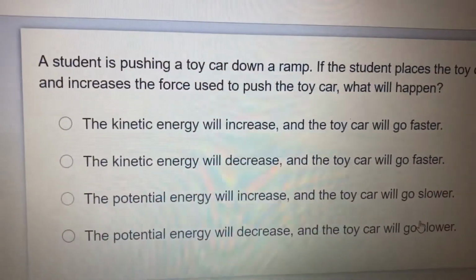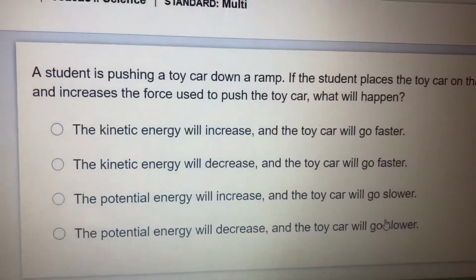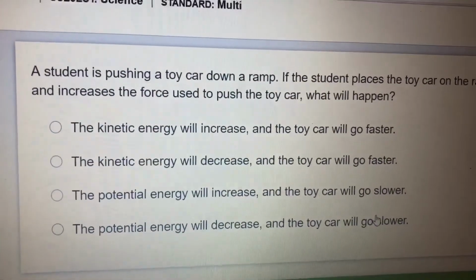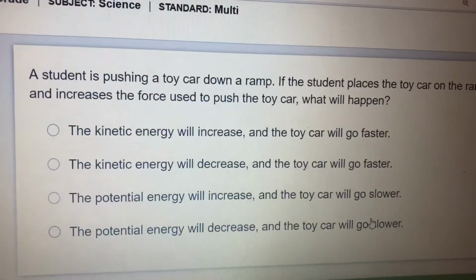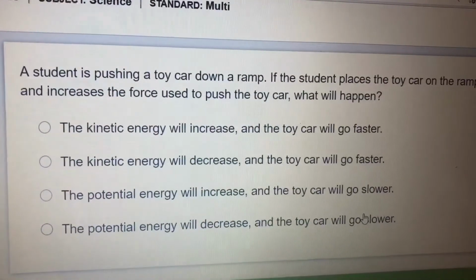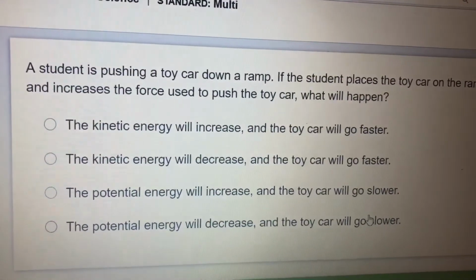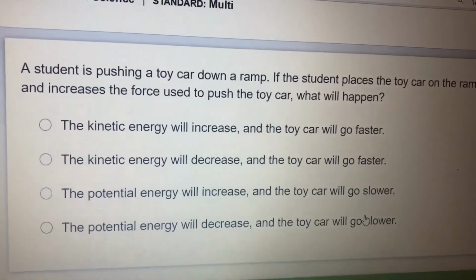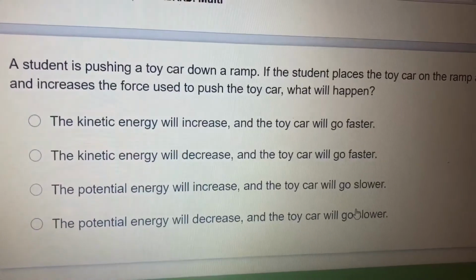So let's read now the choices that we have. The choices are: the kinetic energy will increase and the toy car will go faster. Okay, so when we push the car, the kinetic energy will increase and the toy car will go faster. The kinetic energy will decrease. So remember, kinetic is energy that is in motion. Will decrease and the toy car will go faster.